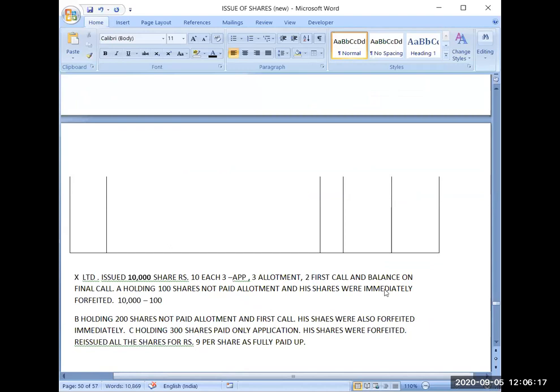First call will be due on 10,000 minus 100 shares, because you have forfeited them.